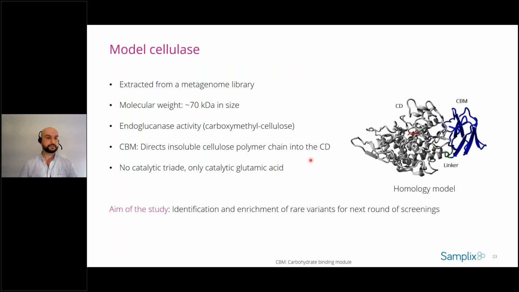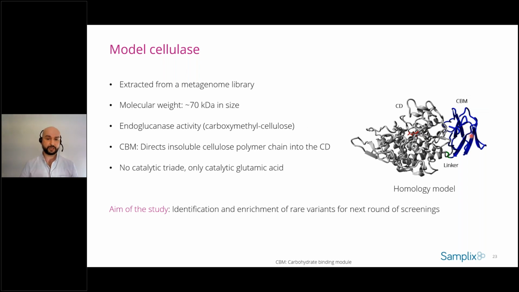So our model cellulase was extracted from a metagenome library. It has endoglucanase activity, meaning it cleaves bonds randomly at amorphous sites in cellulose, creating new chain ends. It has different domains here.